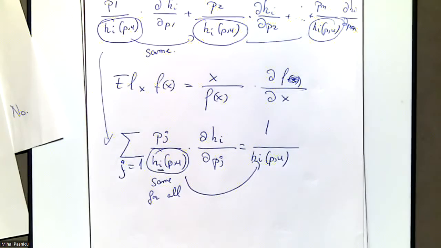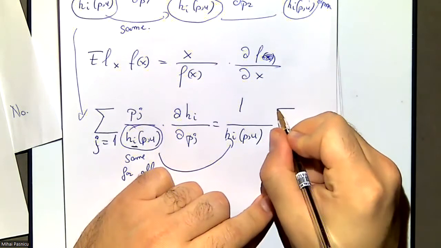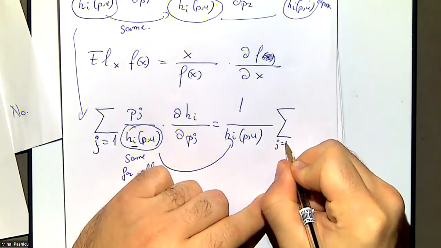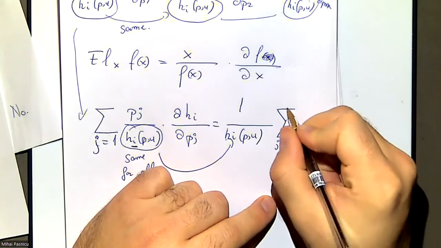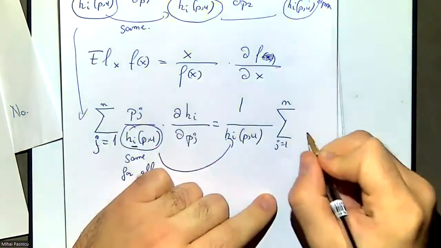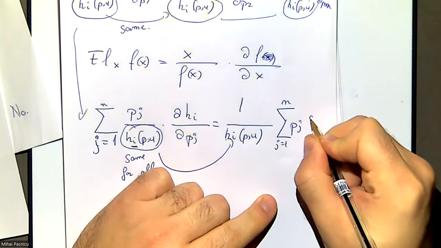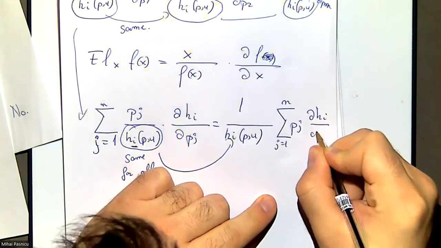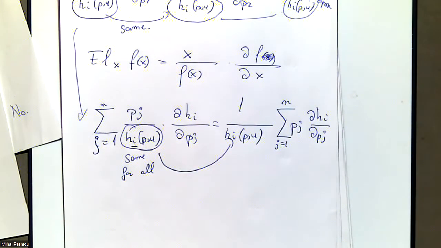This thing doesn't depend on j, it's the same for all, so I just pull it out. And I get 1 over h_i times the sum from j equals 1 to n of pj times the derivative of h_i with respect to pj. I don't do much up to this point.